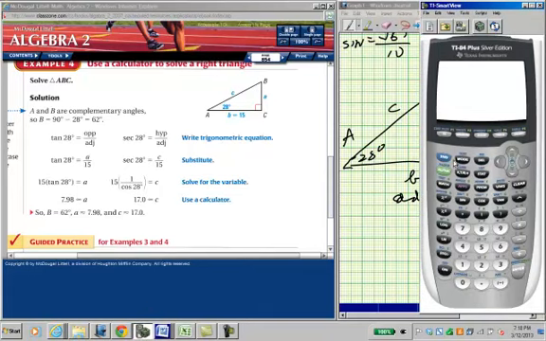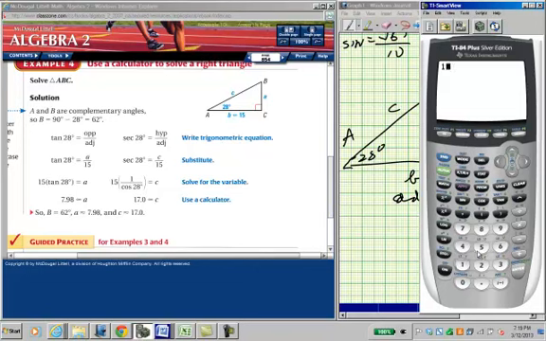The first thing you have to do is go to mode and make sure you're in degrees instead of radians. So we're going to go to mode and make sure we're set for degrees, and then get out of here. Now, the tan of 28 equals a over 15, so 15 times the tan of 28 equals a.